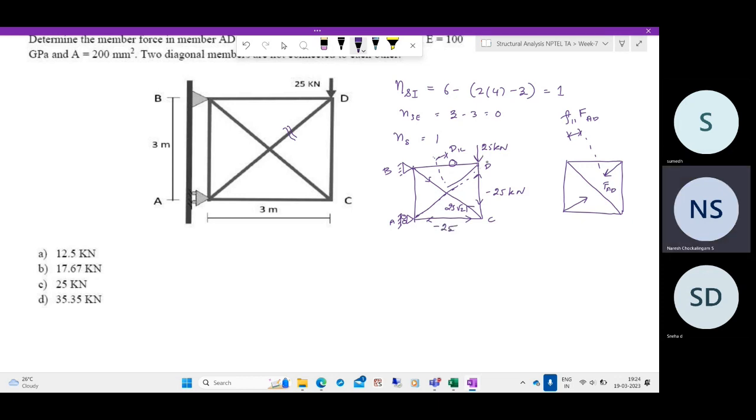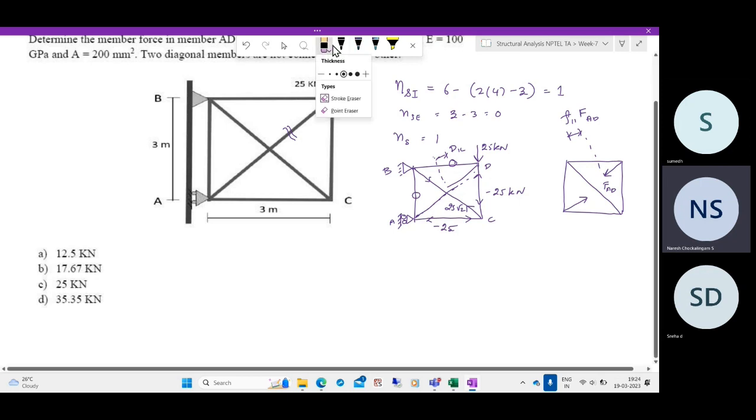Here we have a downward force of 25 kilonewtons. What will be the reaction that comes onto this? The reaction will again be 25, equal and opposite to this force. What will be the horizontal force? The horizontal force will be 0. Note that this member does not exist, it is cut off, so it doesn't carry any force.